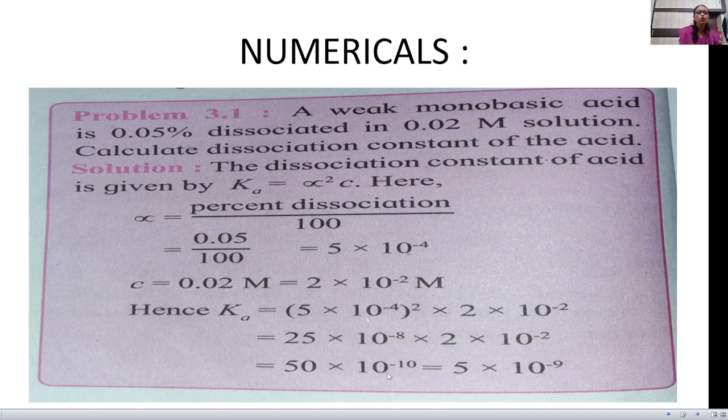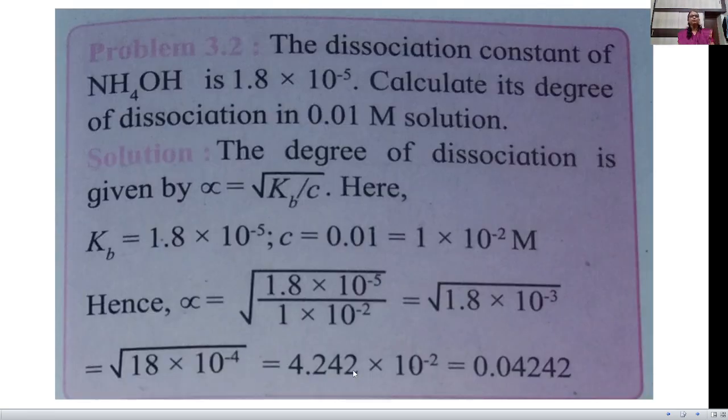The next example: the dissociation constant of NH4OH. Here NH4OH is a weak base and its dissociation constant value is 1.8 into 10 raised to minus 5. Means this is the value of Kb.